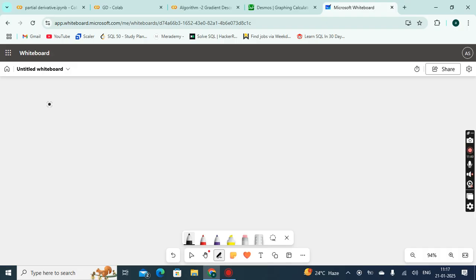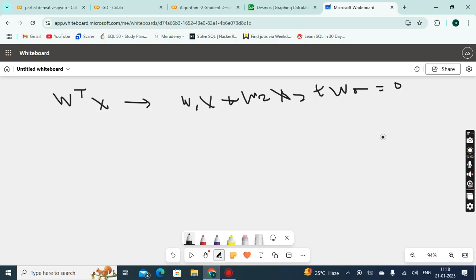Let's say when we say W transpose of X, we know our weight vector is W1 X1 plus W2 X2 plus W naught equals 0. This is our weight vector, right? It is not clear, so let me rewrite this again.